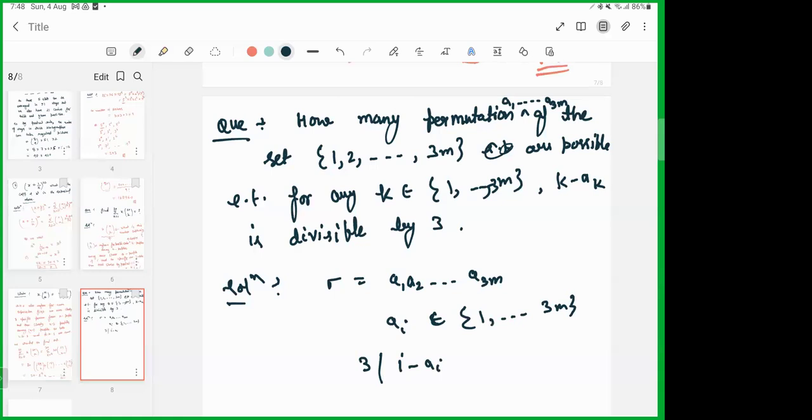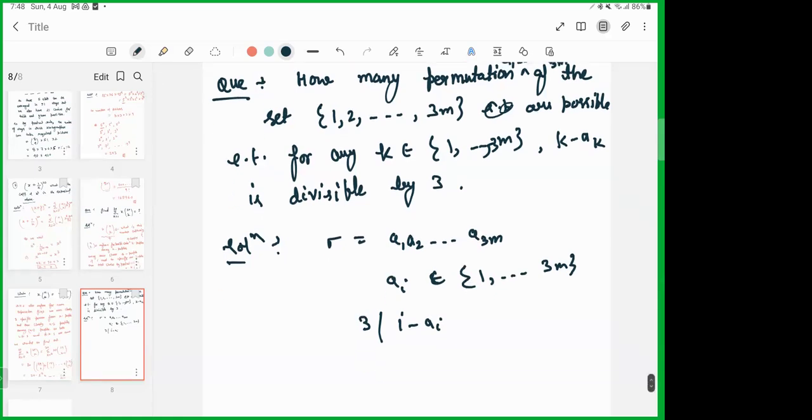This is the condition, right? I'm more comfortable with k, so I should write k because I is used for other things.